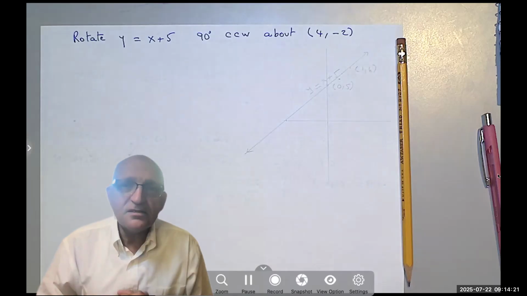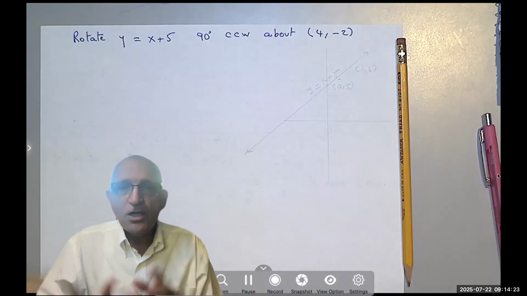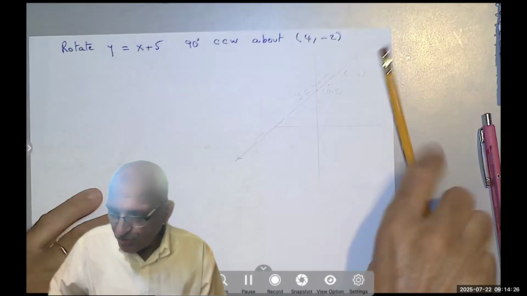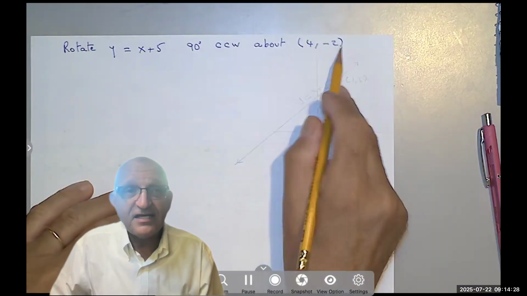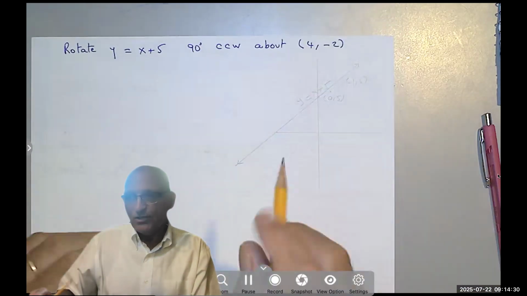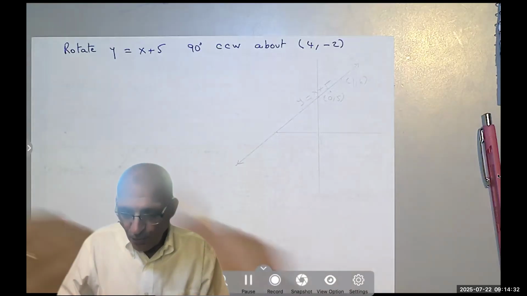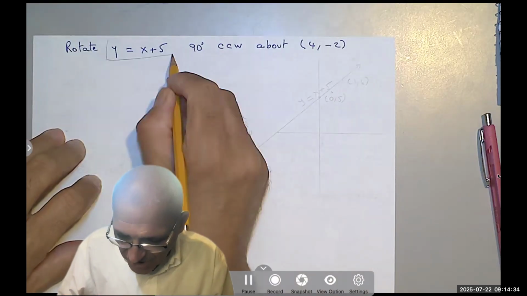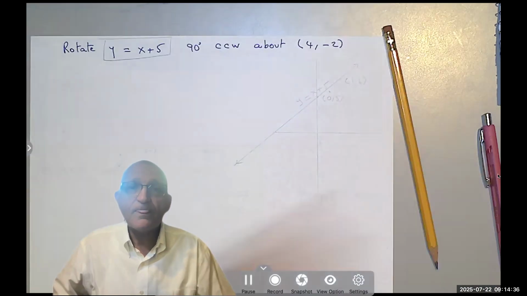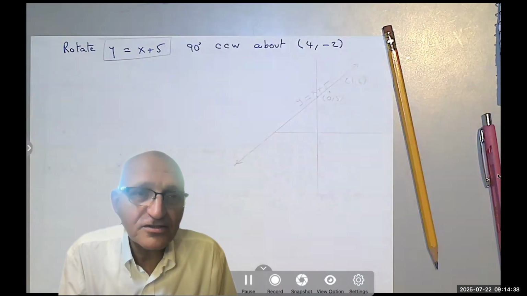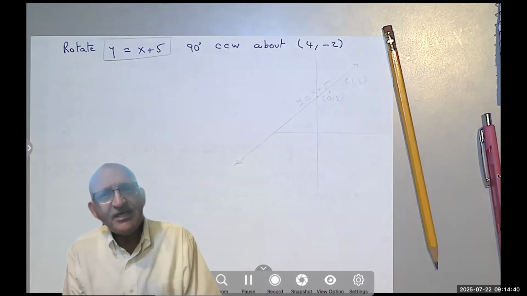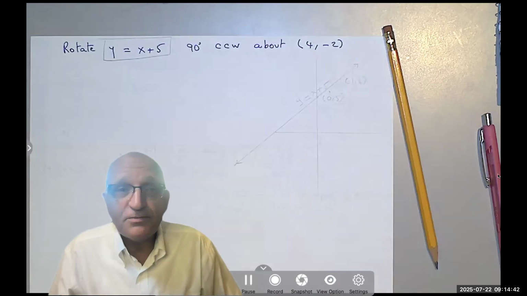So what is the shortcut? The shortcut is that we are going to use the 4 and the -2, but instead of using them with points, we are going to use them with an equation. So what is the difference? Everything would be reversed. What do you mean? Remember what we did in the previous problem?